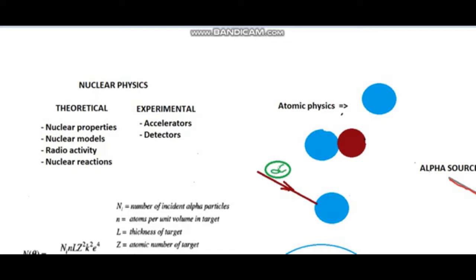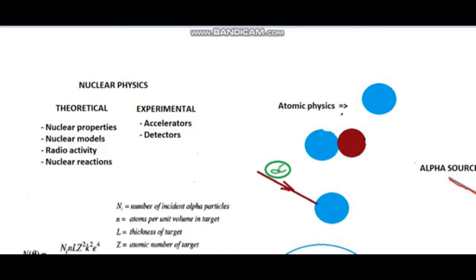And we have the fourth one, nuclear reactions. This is the nuclear fission and fusion reactions: why fission and fusion happen, and what the advantages and disadvantages of these reactions are.